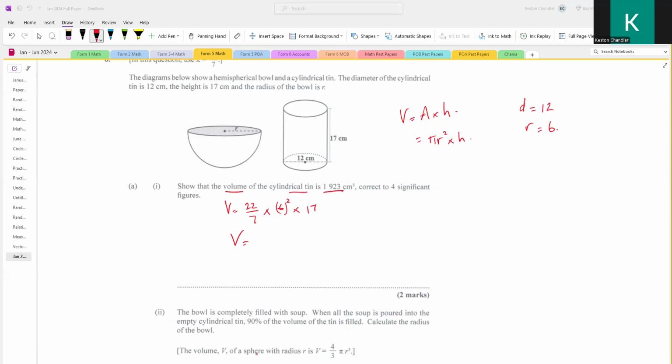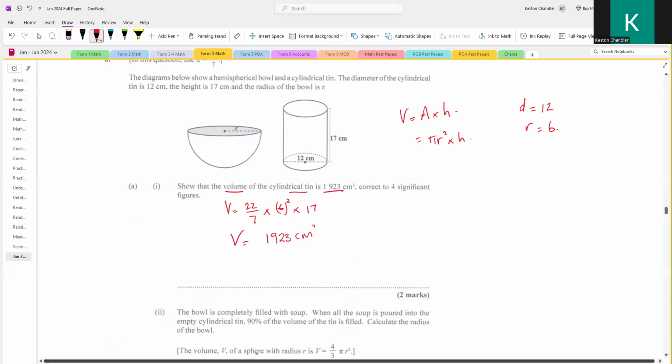That is 1923 centimeters cubed to 4 significant figures. The exact figure is 4285. Right, this is the exact figure. So the 4 significant figures will be 1923.